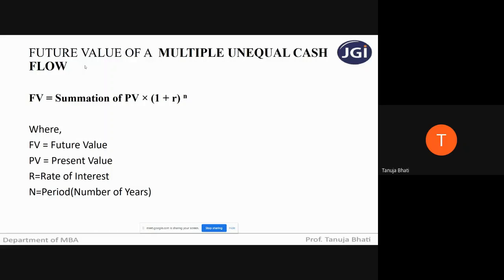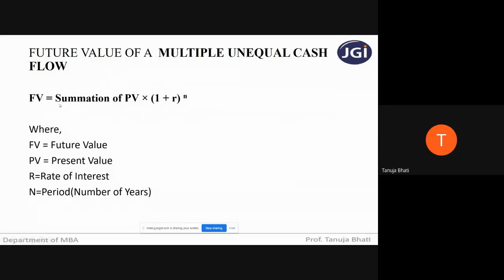Individually for 15,000 you calculate the future value, individually for 20,000 you calculate the future value, and individually for 25,000 you calculate the future value. You sum up these three, that means you add the future values of the first year, second year, and third year. When you add them, you get the future value of multiple unequal cash flows.